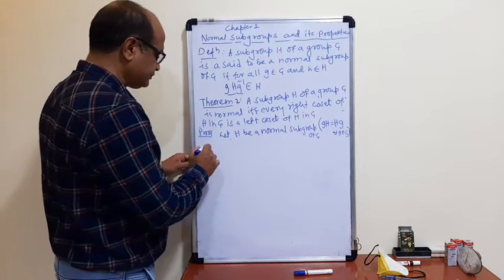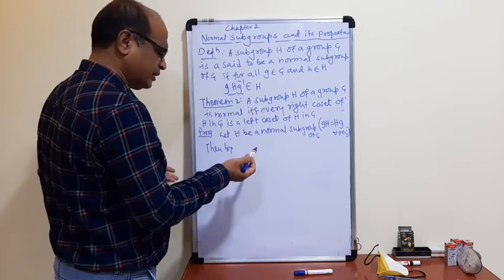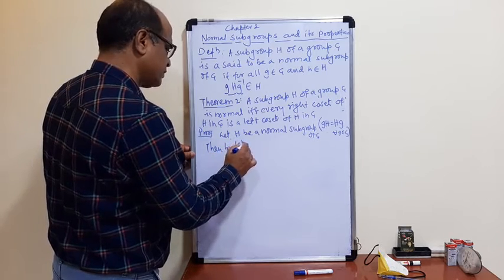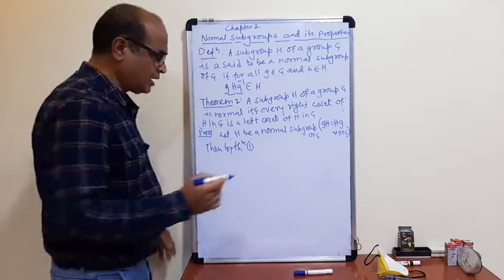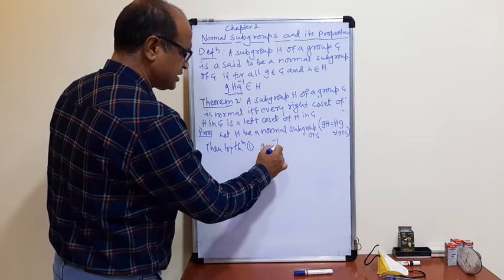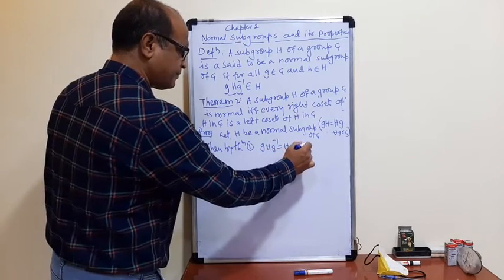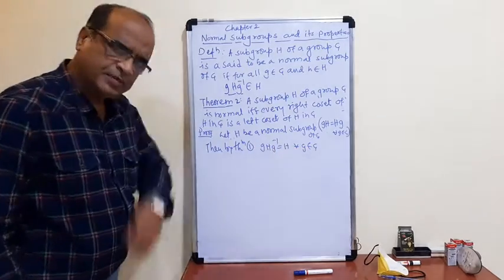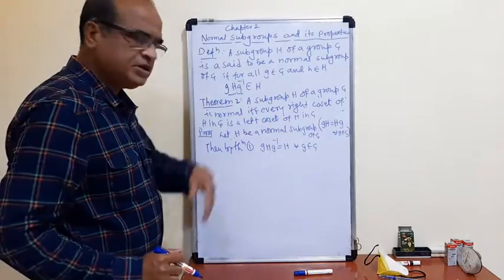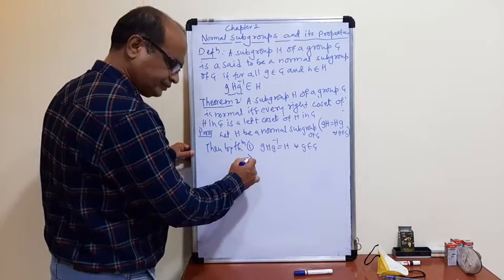So by theorem 1, what is theorem 1? gHg inverse is equal to H for all g belongs to G. Just now we proved this theorem: if H is a normal subgroup, then gHg inverse is equal to H for all g belongs to G. Okay, so this implies what happened?